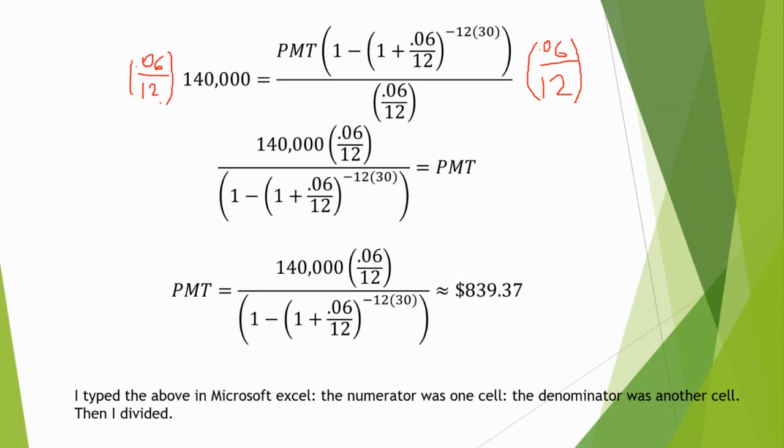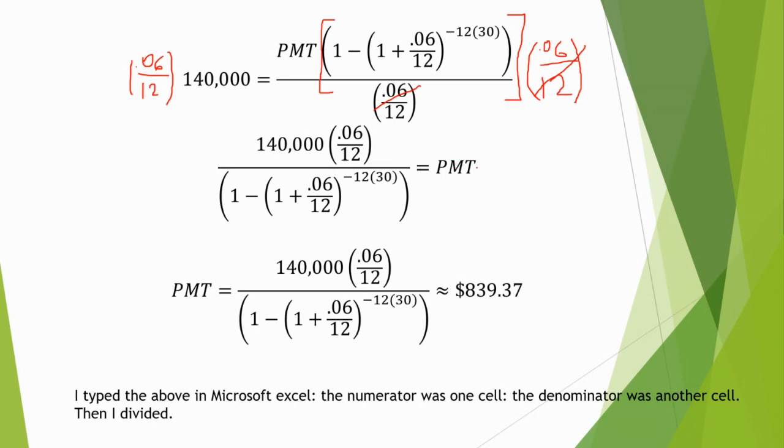And why would I want to do that? Well, that cancels this denominator with this, so this is gone. And then the next step would be dividing by this. You want to get the PMT part, that's our unknown, all alone, as you can see.